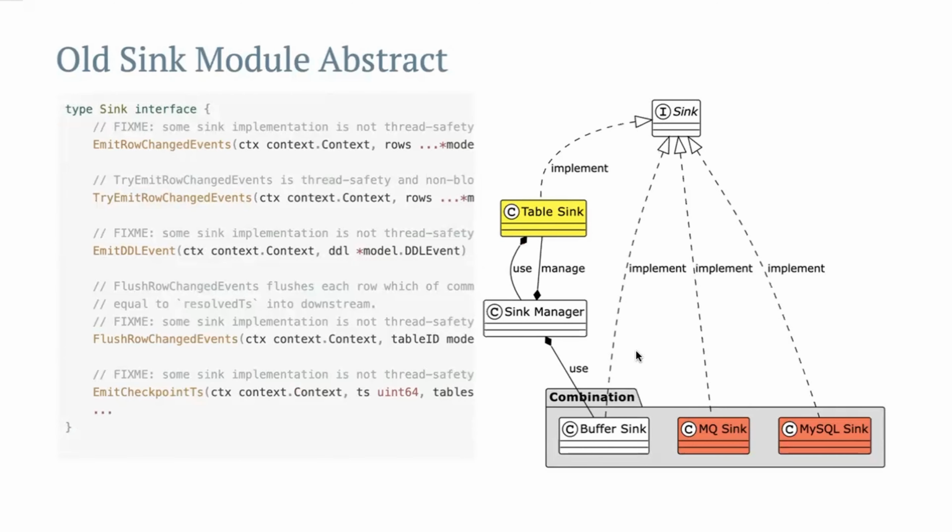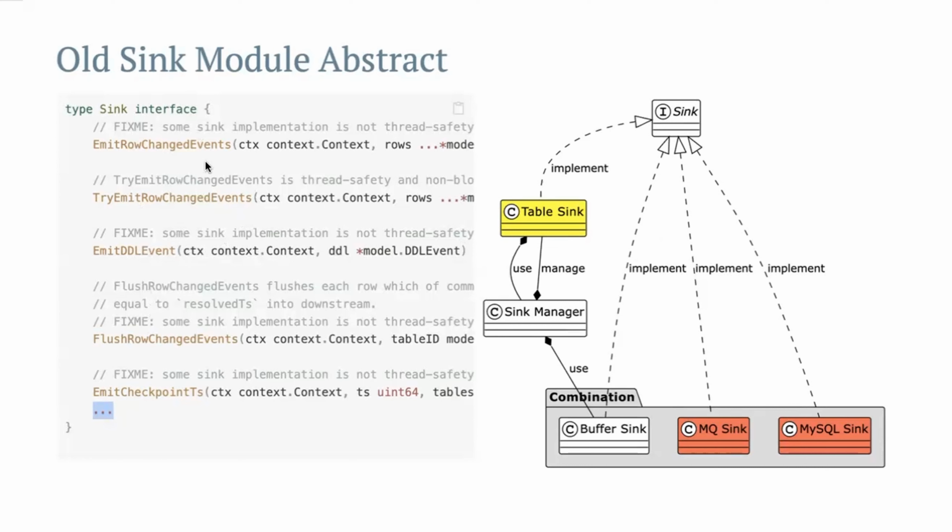Let's take a look at the sync interface. As you can see, all things must implement this specific interface, which is quite complex. Because I already ignored some functions from this interface, but still we need to care about those functions.